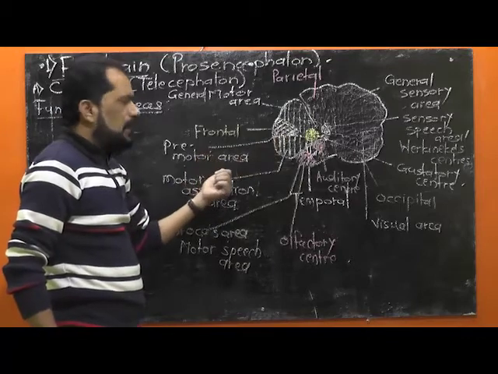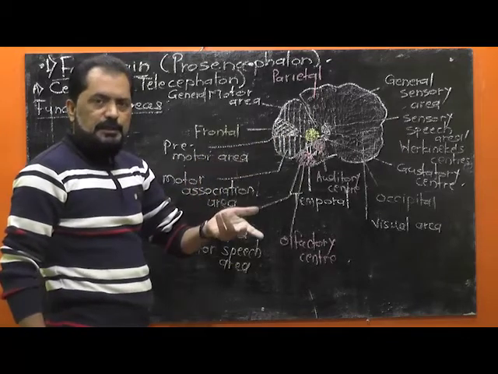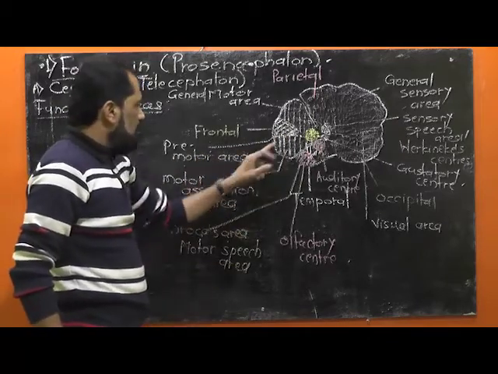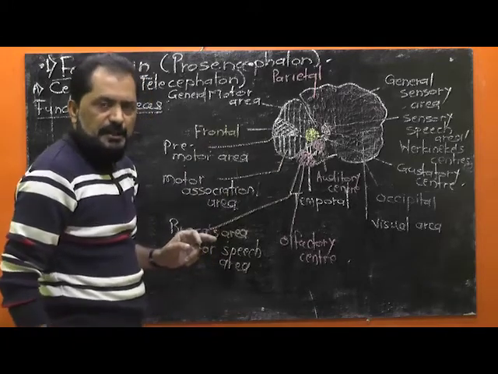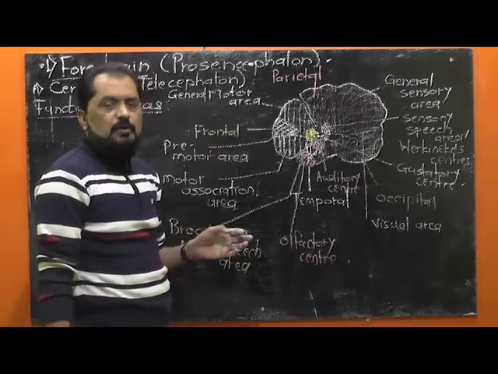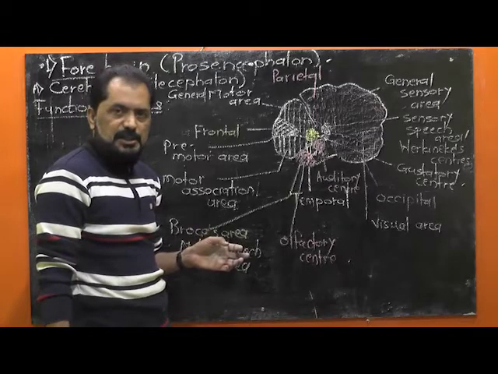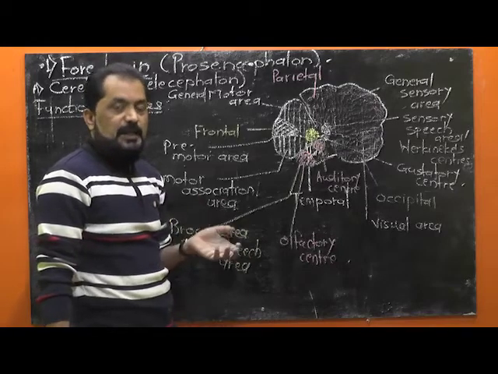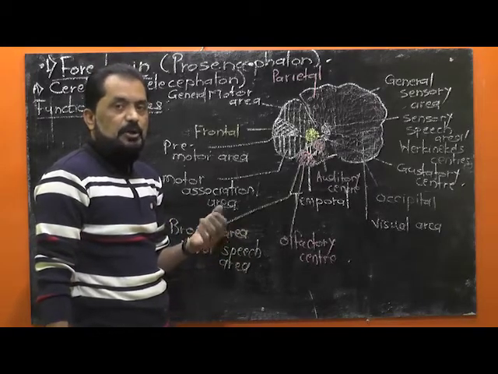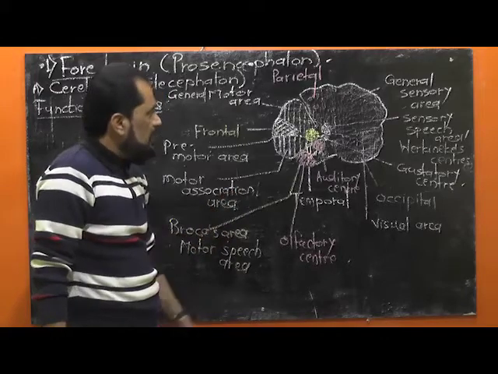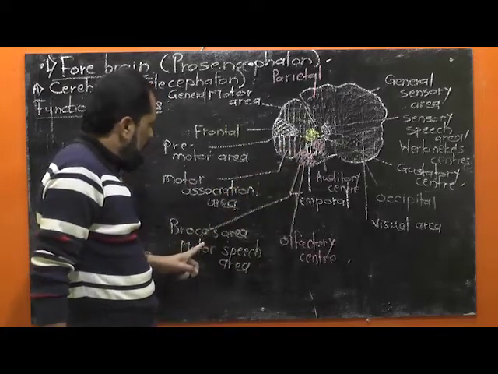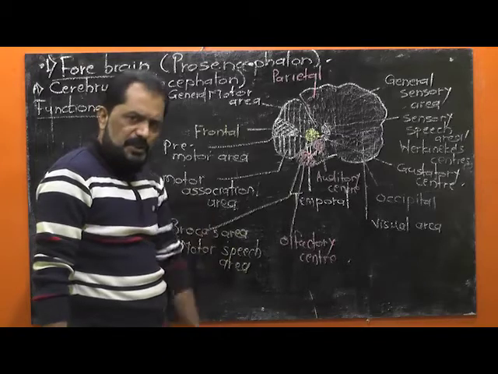Then premotor area, it controls involuntary activities. Motor association area is responsible for the coordination between the sensations and movements, as well as it is considered as the center of different mental abilities. Then here is Broca's area or motor speech area.